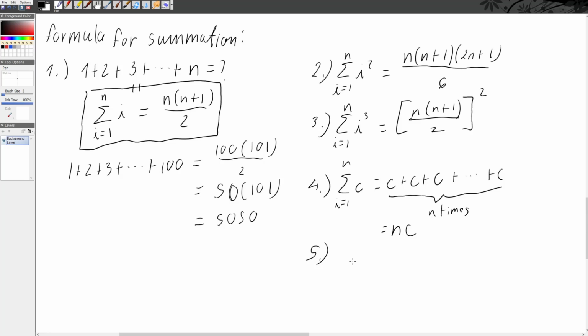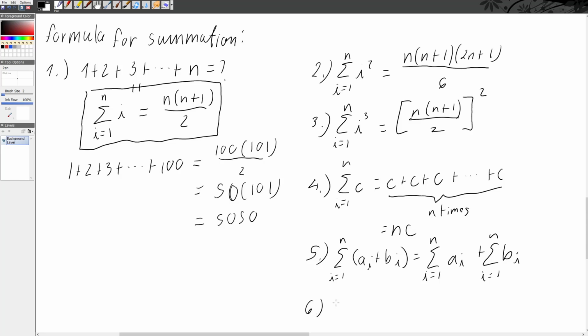And another property that is going to be very helpful is that for a sum, if it's a finite sum, we can actually split it up over addition and subtraction. What I mean is that the sum of ai plus bi is going to be equal to the sum of ai plus the sum of bi.